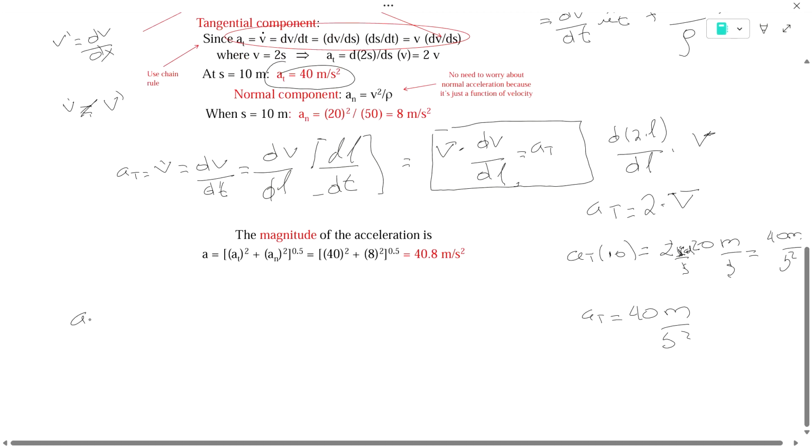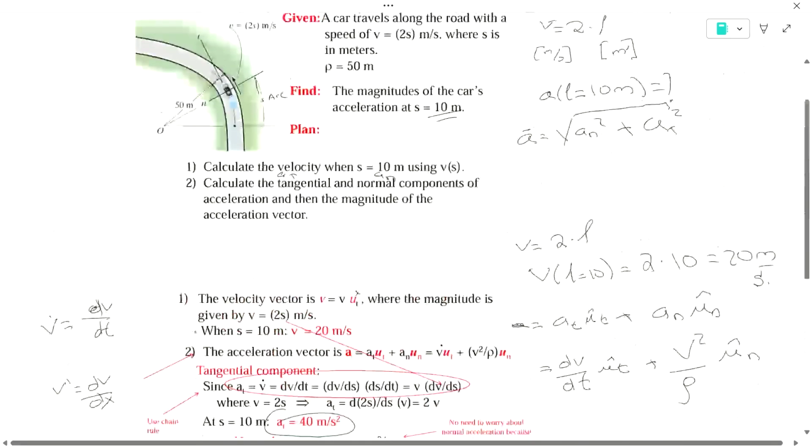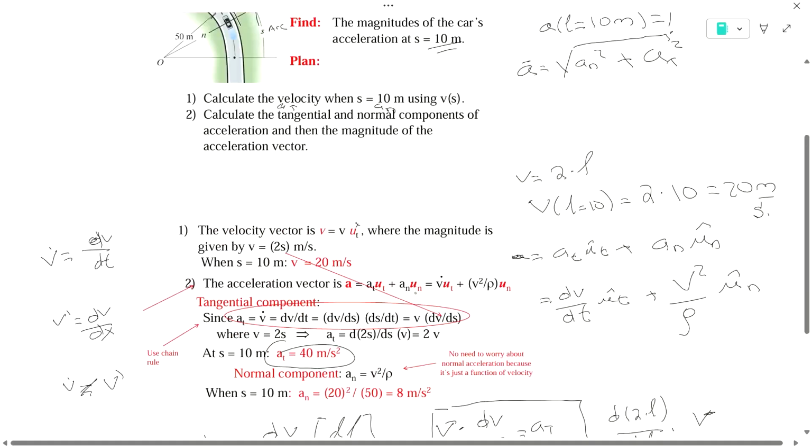Now to find the normal acceleration, which is pretty easy, it is v squared divided by the radius of curvature. So the velocity is 20 squared divided by the radius, which was 50. Remember, the velocity is 20 meters per second, which is right here.